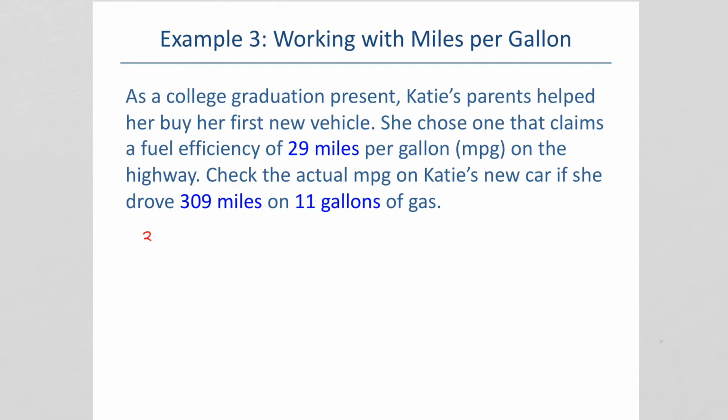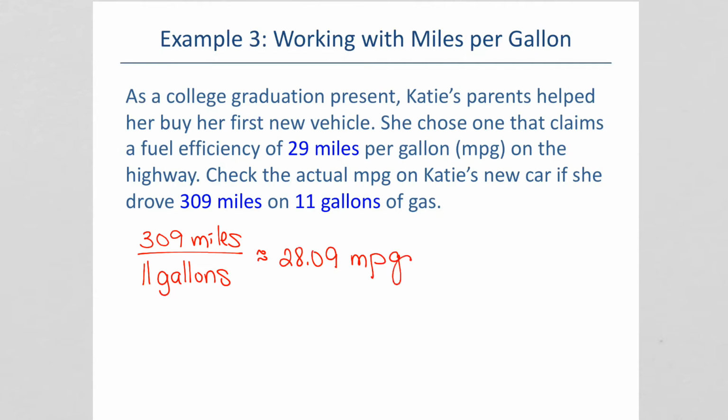So if we take 309 miles and divide that by 11 gallons, we get 28.09 miles per gallon. And it said 29 was the actual manufactured rate, so that's pretty close.